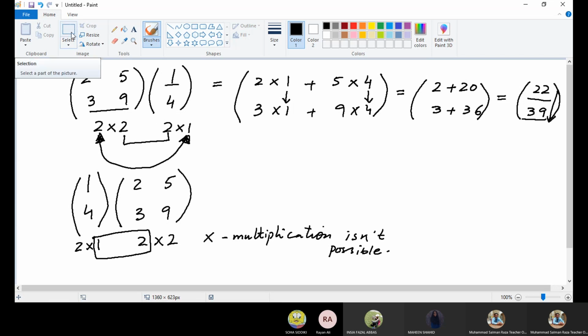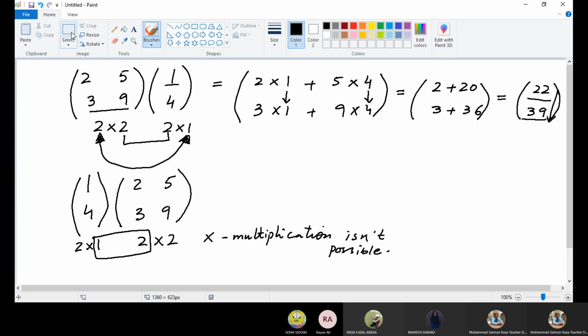All of your exercises are of the same thing. They'll be the same: add them, subtract them, multiply them. I'm going to show you the exercises as well. But before that, addition, subtraction, and multiplication is done.